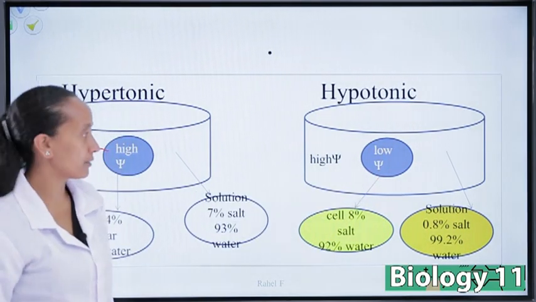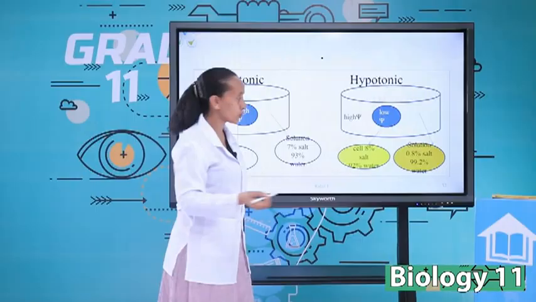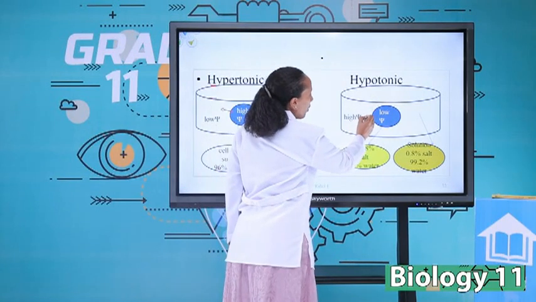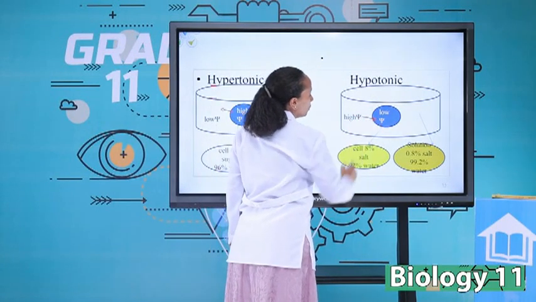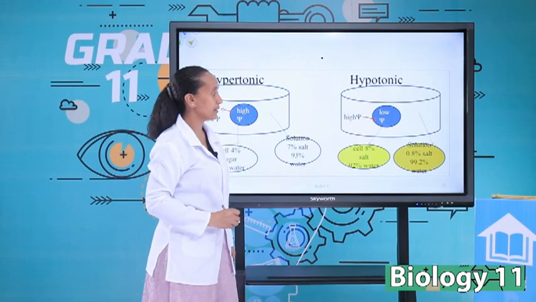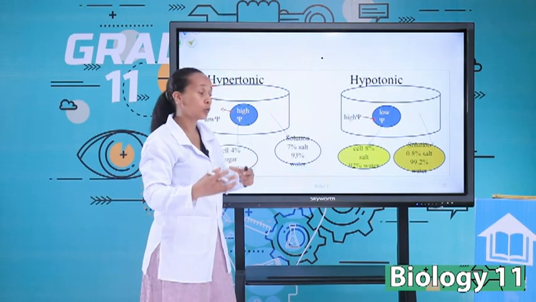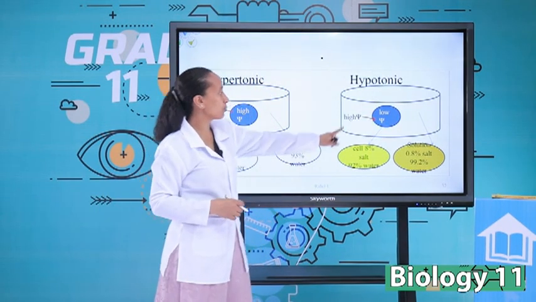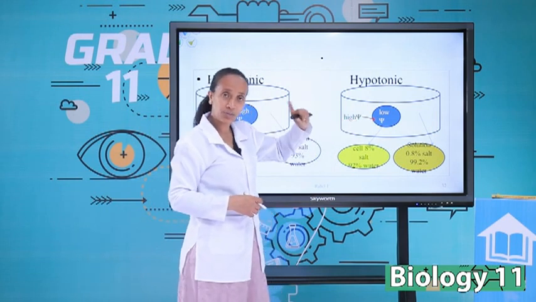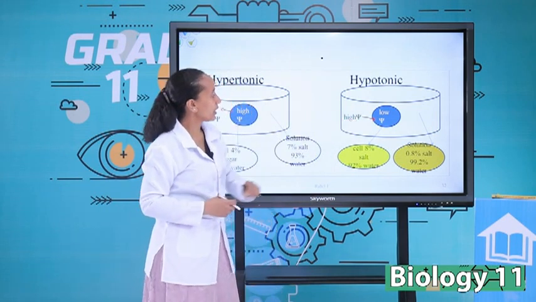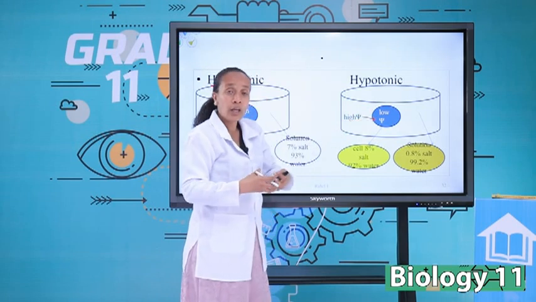Why? Again, in the definition of osmosis, water moves from high water potential to low water potential, that is from the solution to the cell. This symbol is psi, which represents water potential, and in this case the cell will gain water.